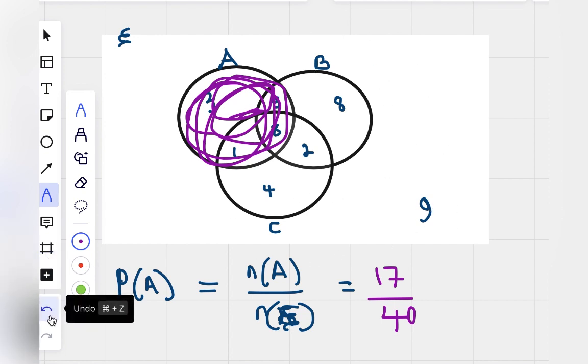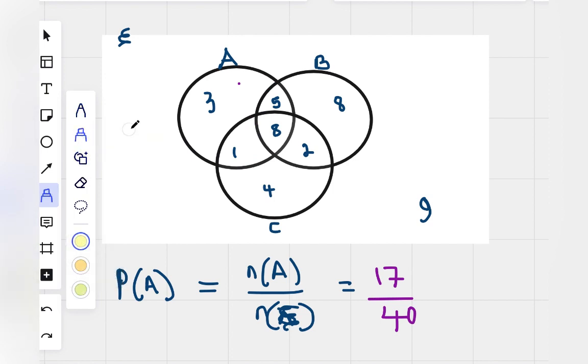Let's shade it properly so that we do not miss the numbers. Remember, this one encompasses the whole of this place, the universal set. Is that okay?